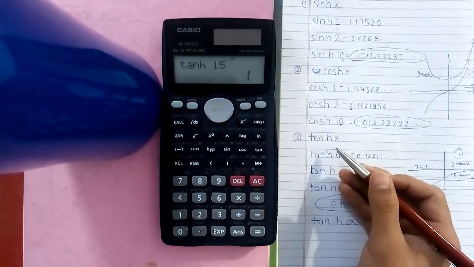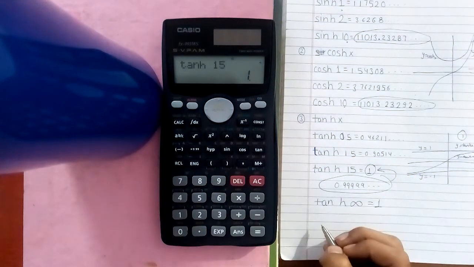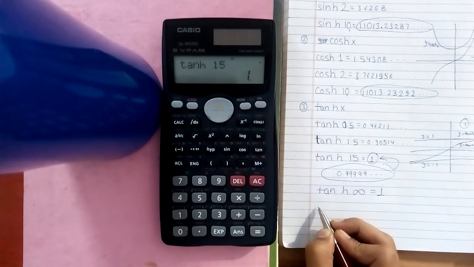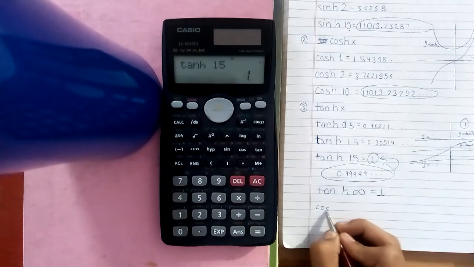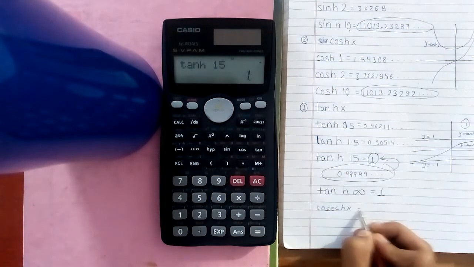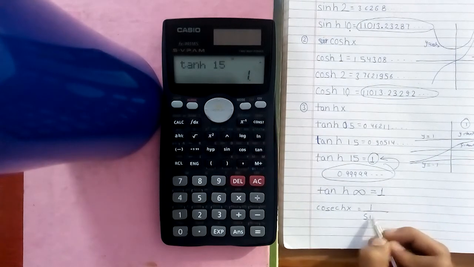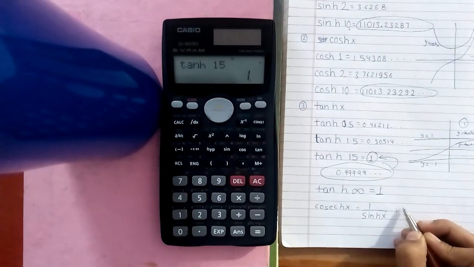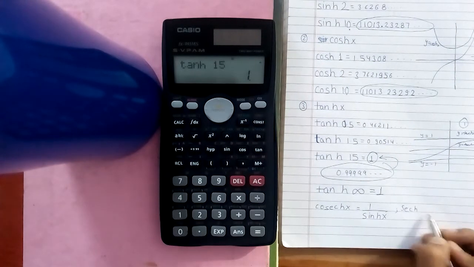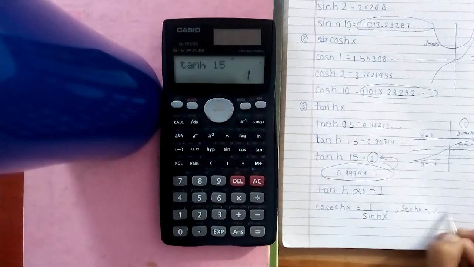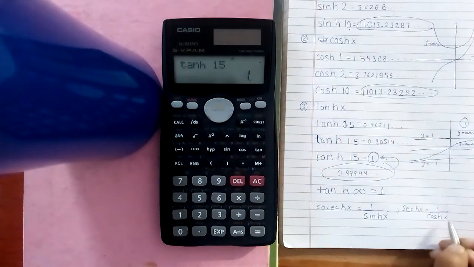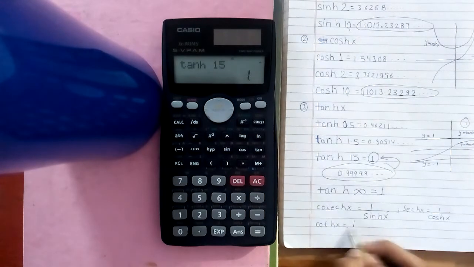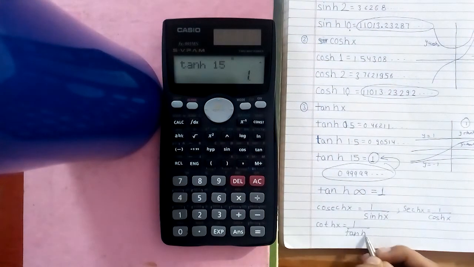In a similar way, you can find the value of cosech, sech, coth functions by using these formulas like cosech x equals 1 by sinh x, and sech x equals 1 by cosh x, and coth x equals 1 by tanh x.